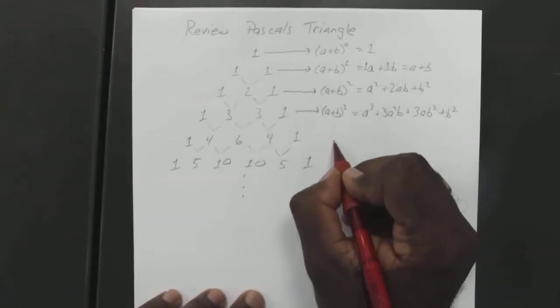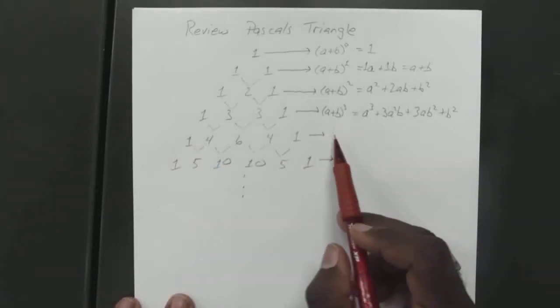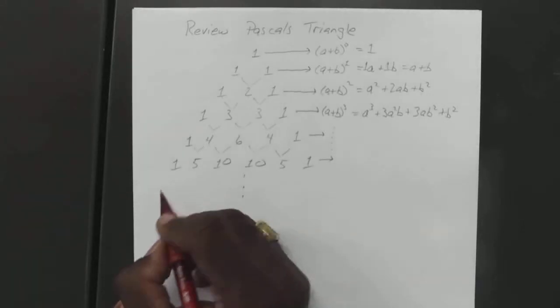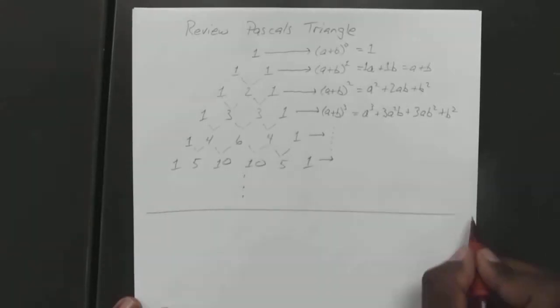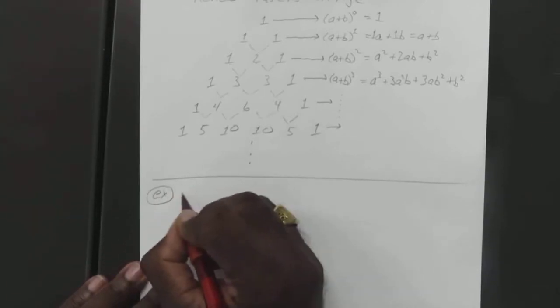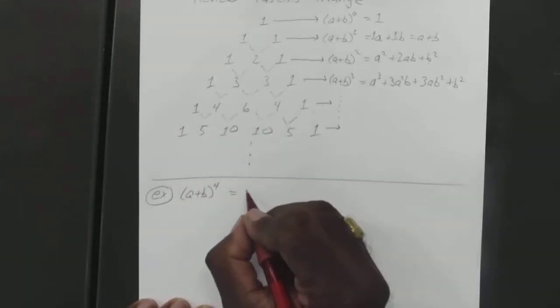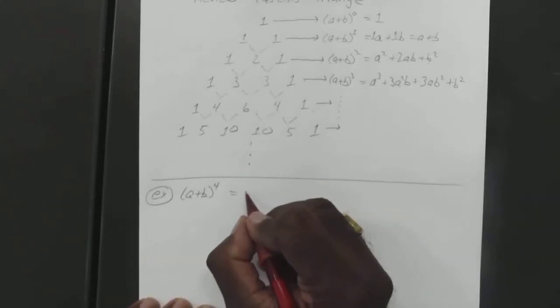And it keeps on going like that. I don't think I have enough room for the fourth one, but let's say you have a plus b to the fourth power. You're going to use this 1, 4, 6, 4, 1.